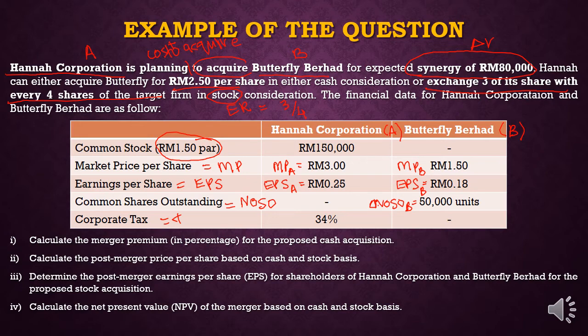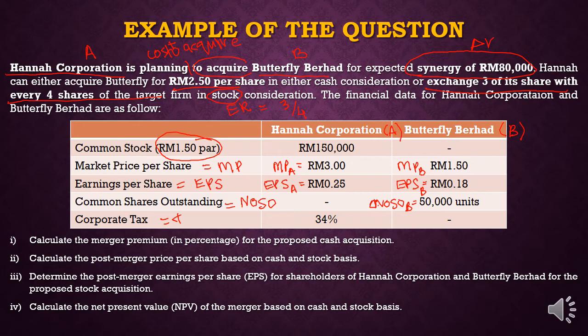Based on the information, there are 4 questions that you need to answer. The first question is to calculate the merger premium in percentage for the proposed cash acquisition. The second question is to calculate the post-merger price per share based on cash and stock basis.